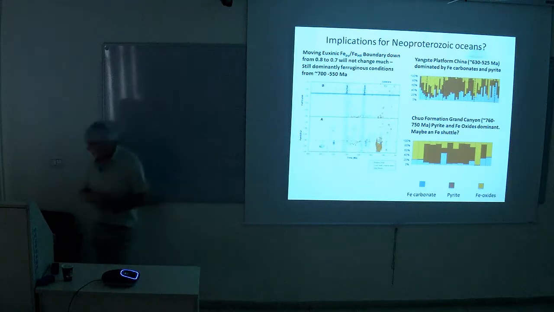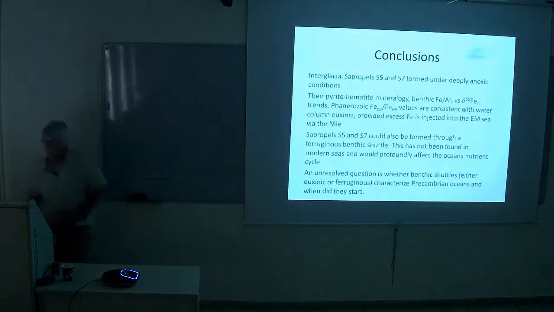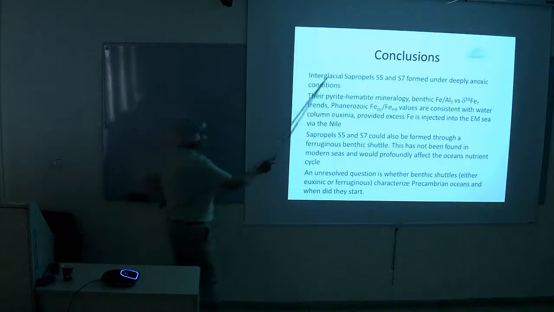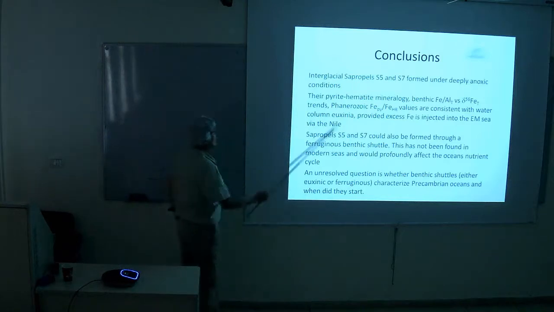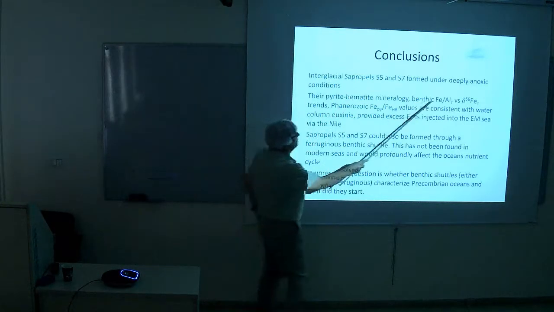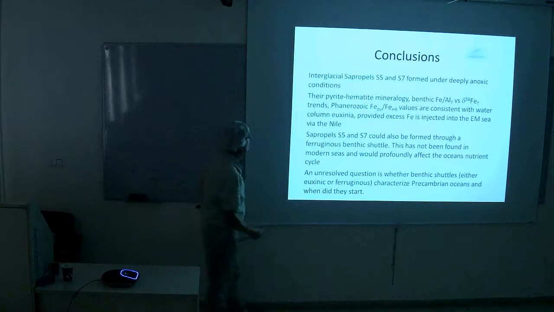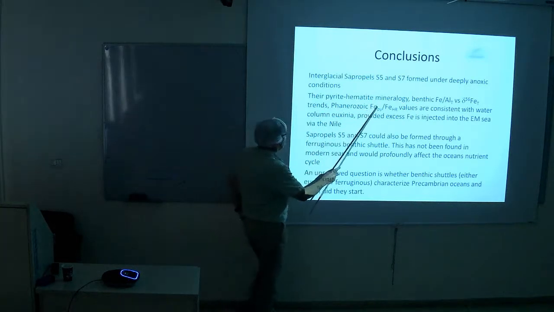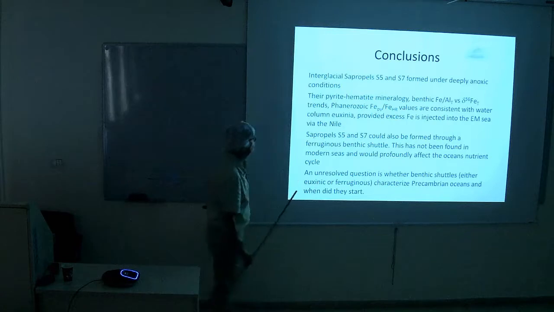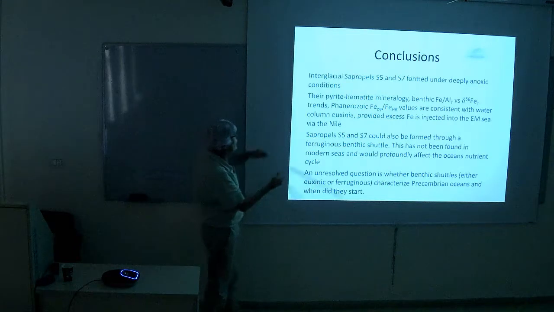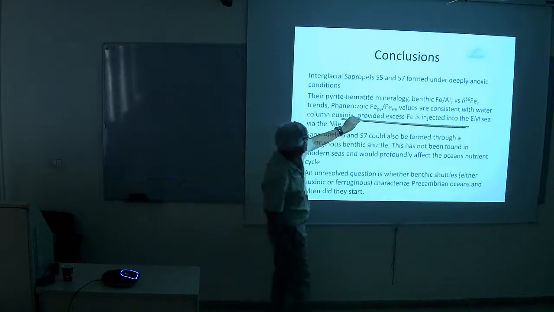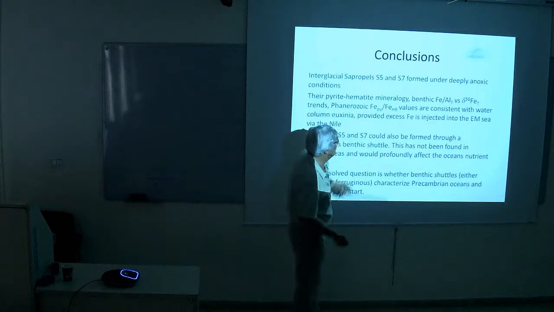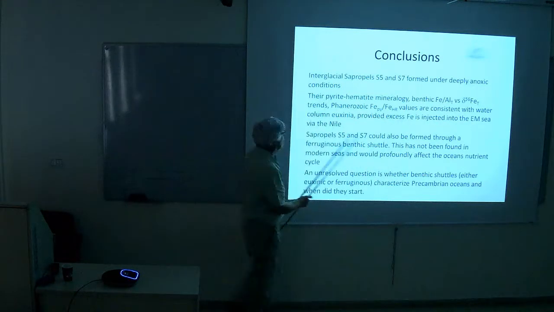So to summarize, we do see that the interglacial sapropels S5 and S7 formed under deeply anoxic conditions. The pyrite-hematite mineralogy, the benthic shuttle, the fact that they fit to the Phanerozoic boundary, they're all consistent with water column euxinic conditions, H2S in the water column, providing we accept that excess Fe is injected into the Mediterranean Sea via the Nile.